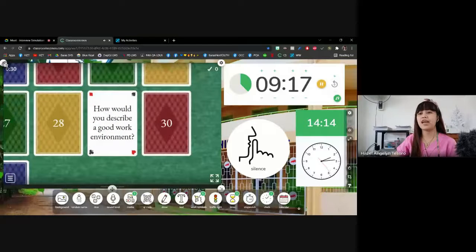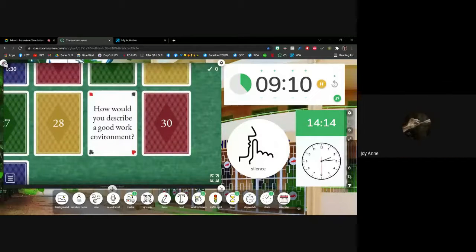How would you describe a good work environment? Parang nasabi mo na kanina. Right. Para po sa akin, ma'am, yung good work environment po is a place po where every employee is very comfortable po, ma'am.